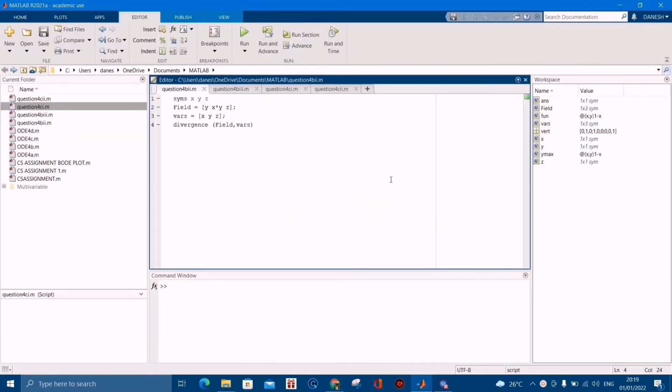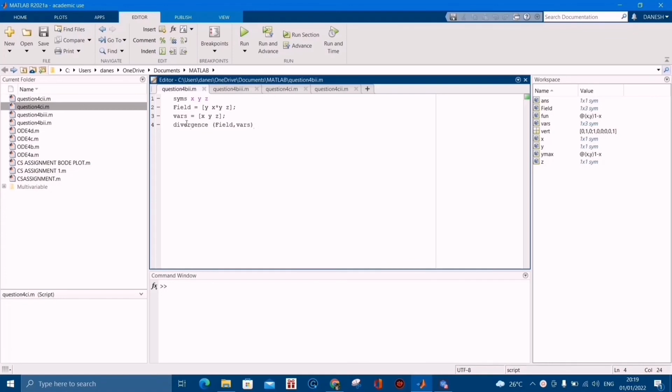Question 4b2. In question 4b2, they have asked us to find the divergence of the field XYZ.